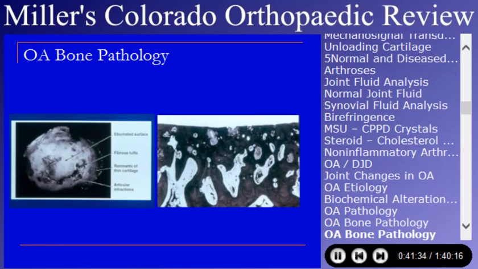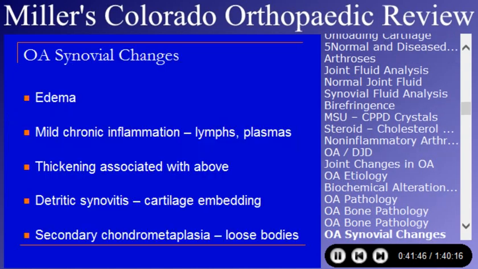Again, the thickening of the subchondral bone with the complete loss of the cartilage layer, but really not much true inflammatory response. There are changes in the synovium in people with osteoarthritis. There's edema and inflammation. The inflammatory cells tend to be chronic inflammatory cells, which are lymphocytes and plasma cells, as opposed to polys.